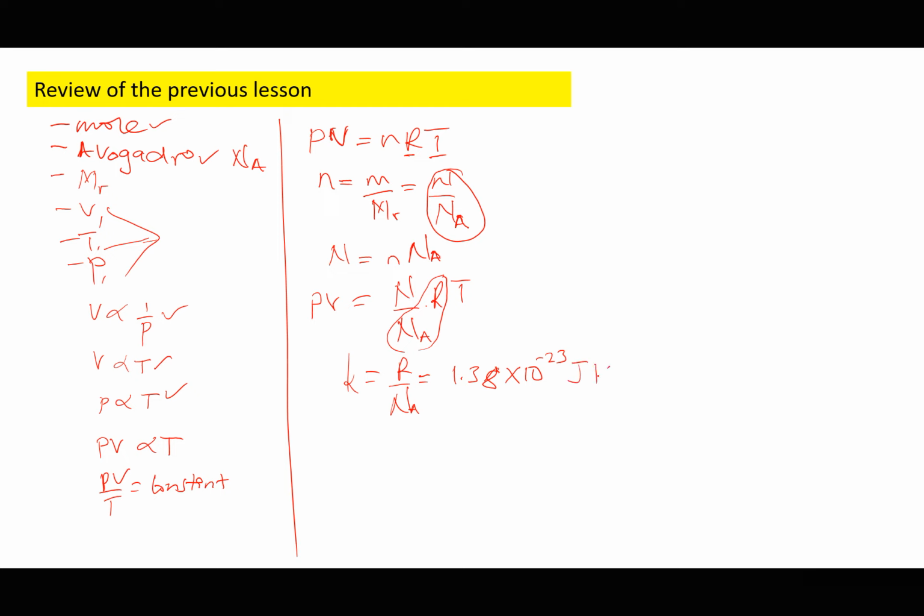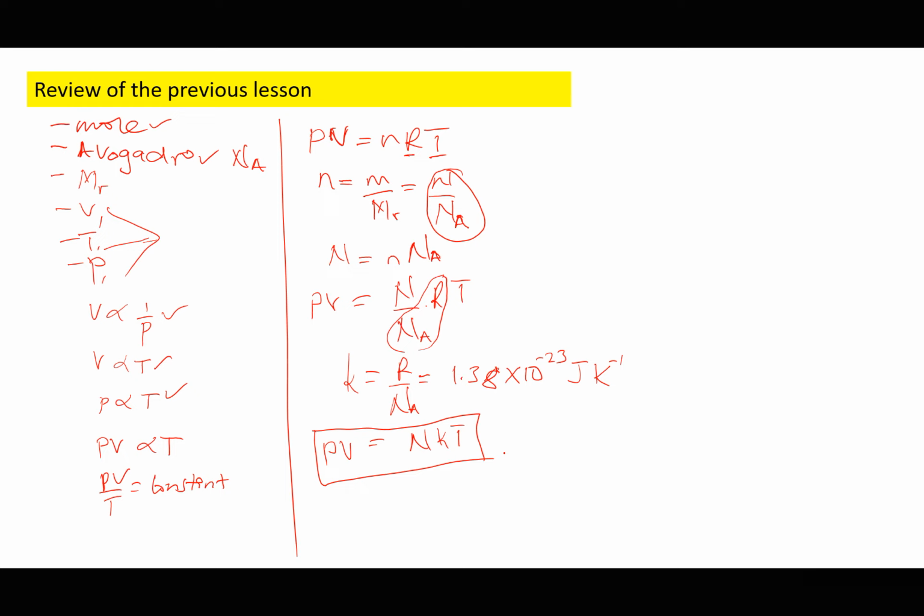Joules per Kelvin. So precisely we could write the expression PV equal to NkT as another way of writing the ideal gas equation. I mentioned in the previous lesson that you must now make yourself comfortable with this expression.